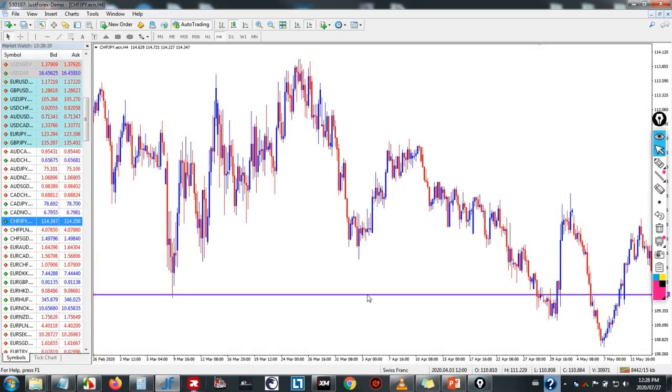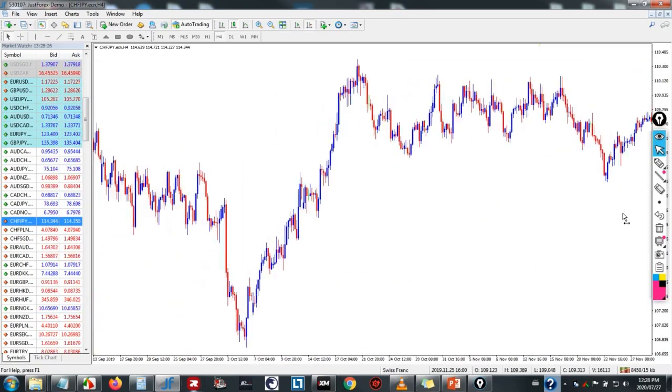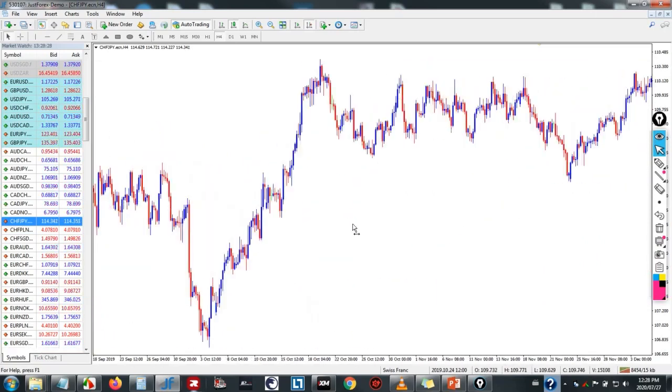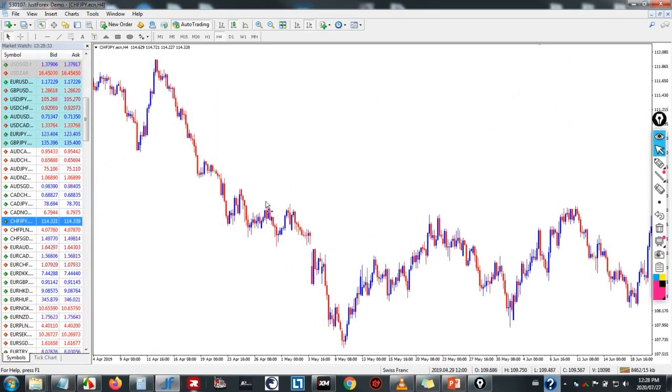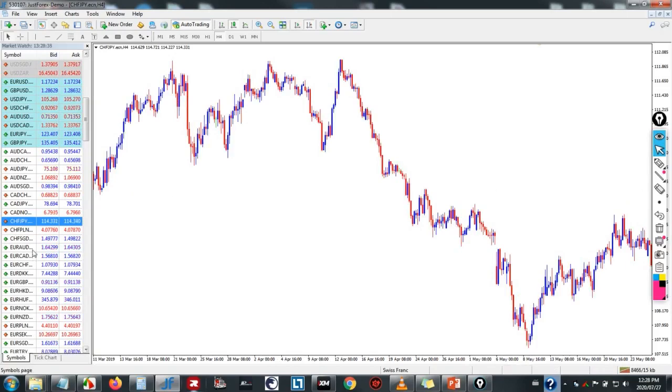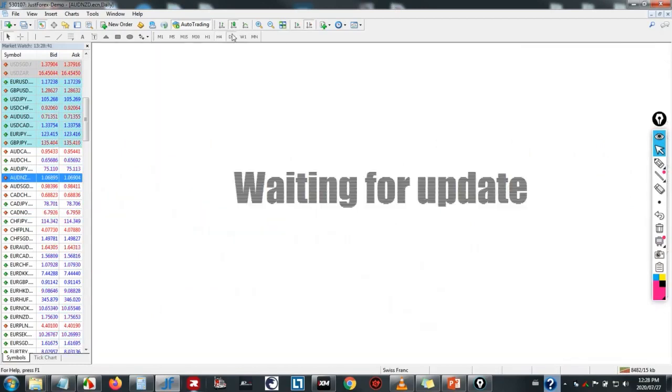I hope we'll find a clear support and resistance here. Let's check AUDNZD. Let's even switch the time frame to the daily.